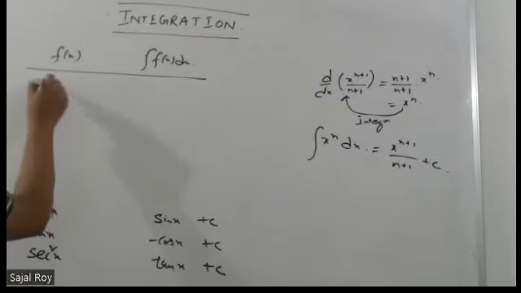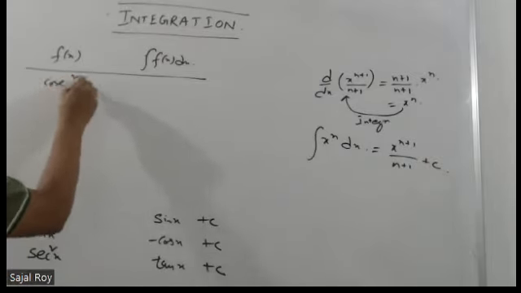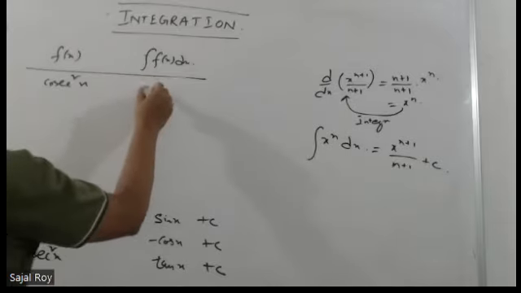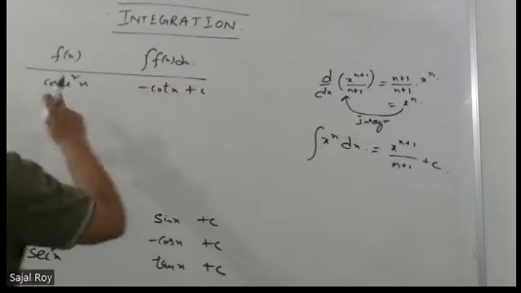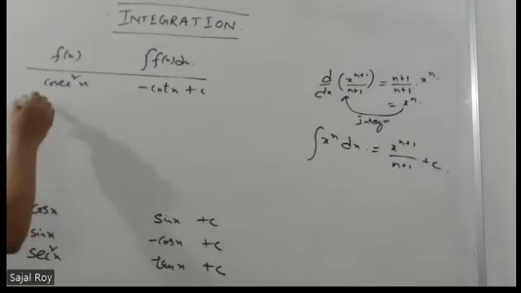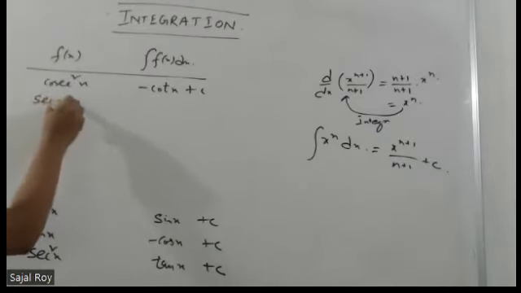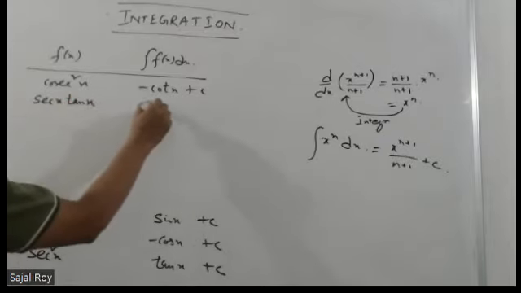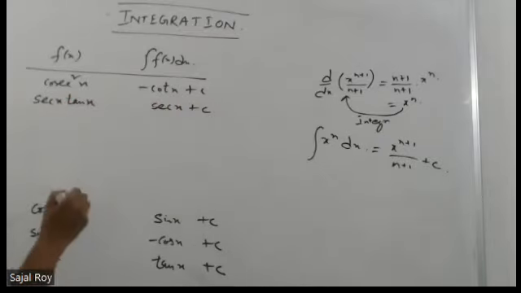I have cosec square x, integration is minus cot x plus c. Integration of cosec square x is minus cot x plus c. Sec x tan x, integration is sec x plus c.